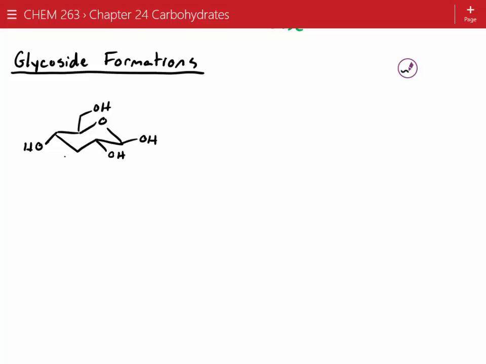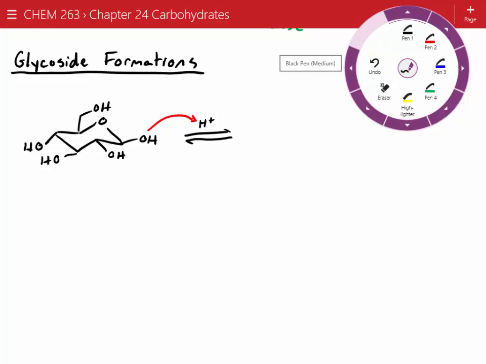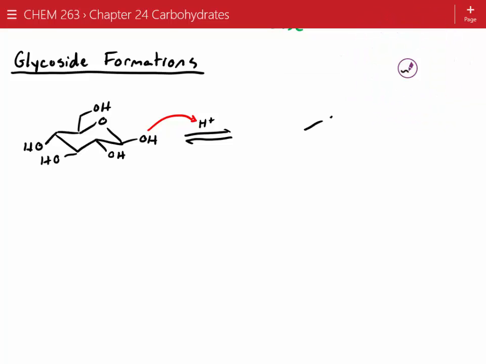And we're going to treat this with an acid. So in this case, we have equilibrium conditions with our acid. The most reactive alcohol on our sugar is always going to be coming off of the anomeric carbon. So we can protonate that. Now we've turned it into a good leaving group.